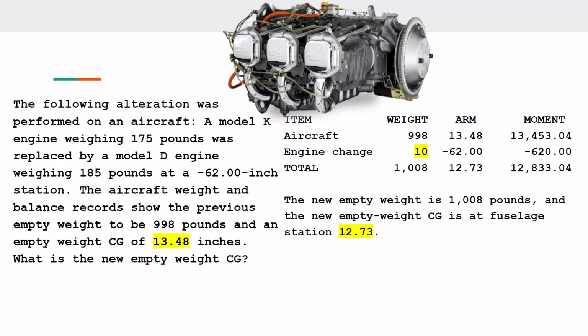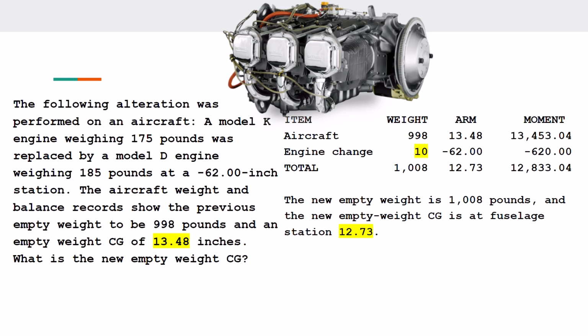I want you to understand that the weight 10 is only there because we changed from a lighter engine, 175 pounds, to a heavier engine, 185 pounds. So we're literally only adding 10 pounds. Once you get that, we do our IWAM. 10 times minus 62 equals minus 620.